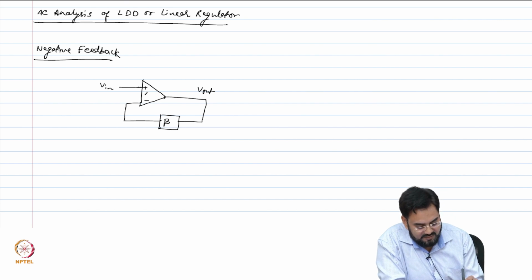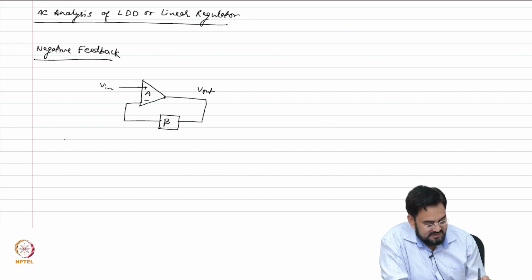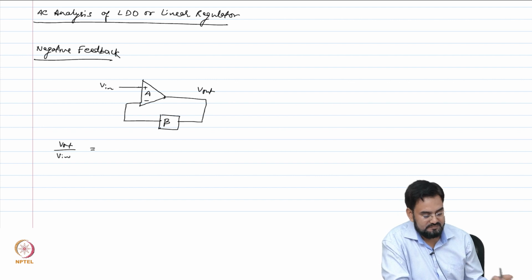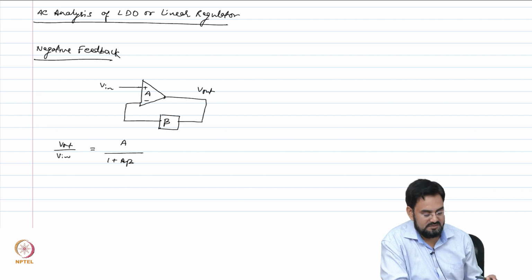So, if this has a gain of A, what is the transfer function of this? A over 1 plus A beta.